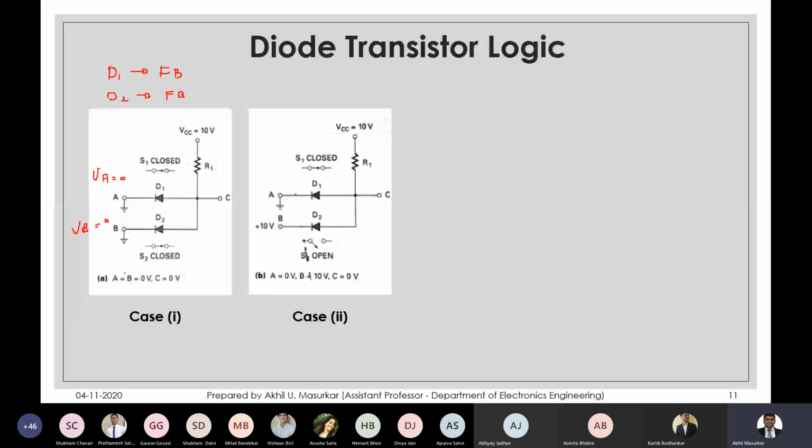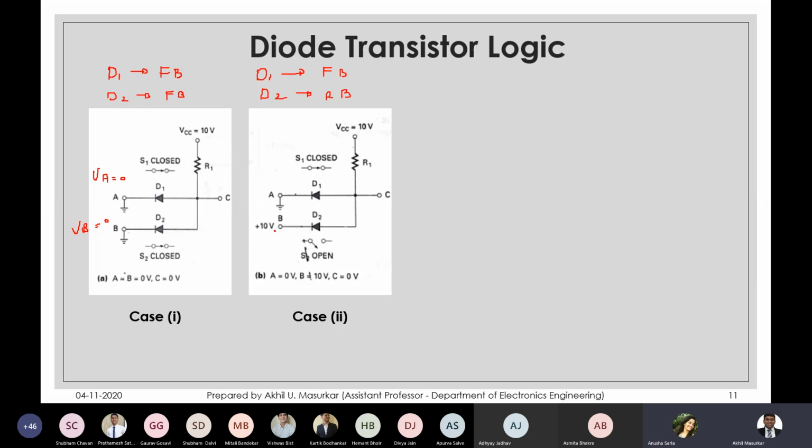Yes, sir. Okay. Can you tell me diode D1 and D2 are in which mode of operation? So diode D1 is in forward bias and D2 is in reverse. Forward and reverse. Okay. Can you tell me why D2 is in reverse bias?